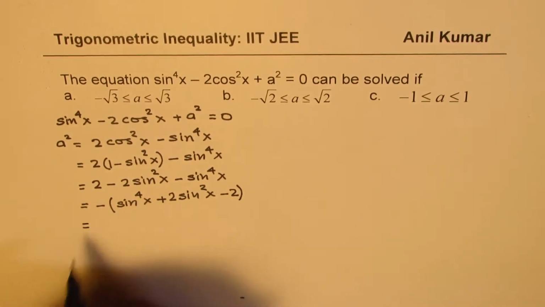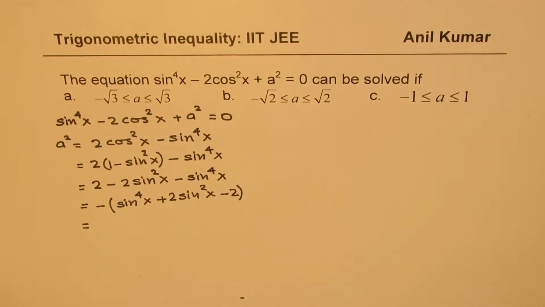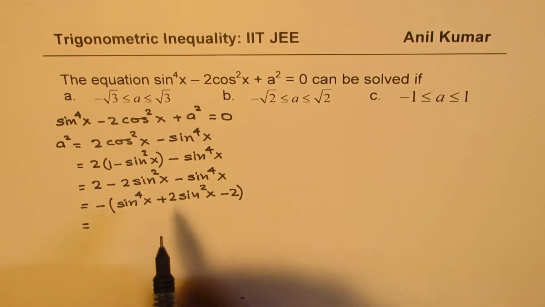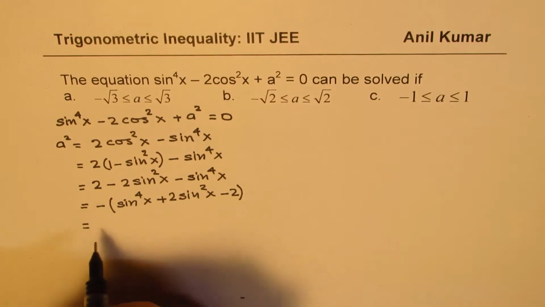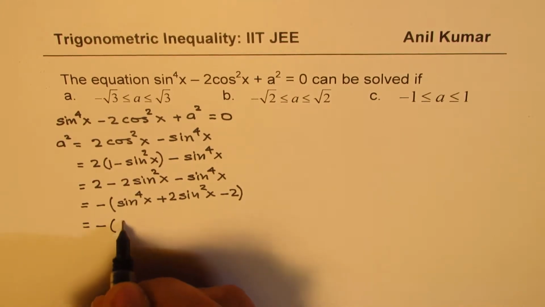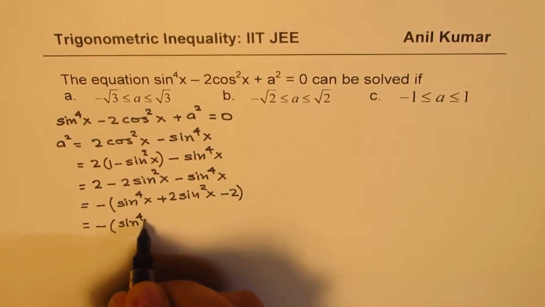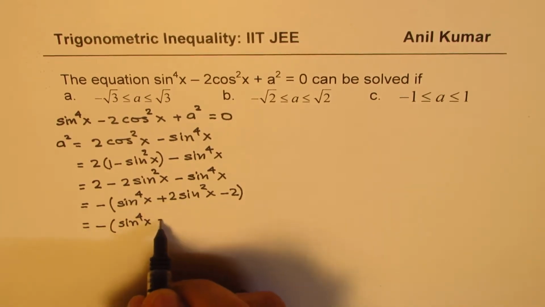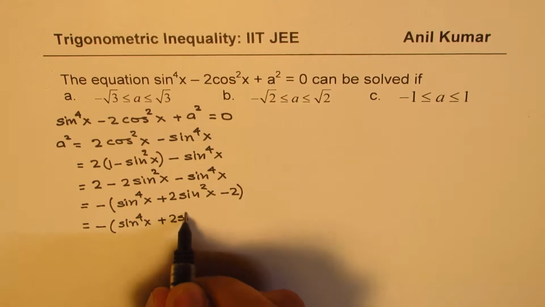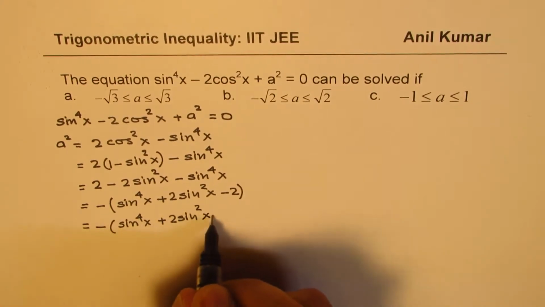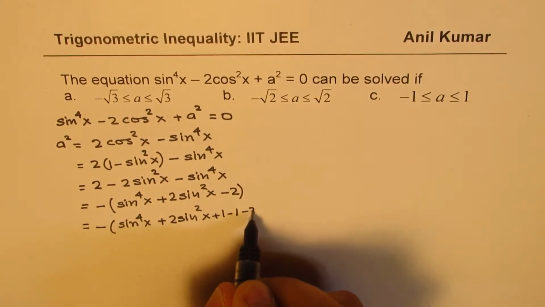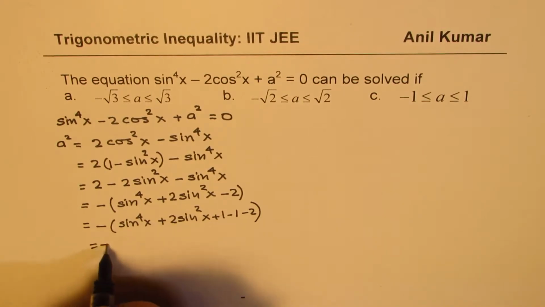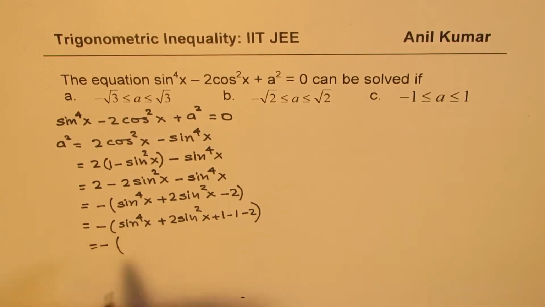Whenever you are working with inequalities, by now you must have observed that we try to do completing the squares. So that's what we are going to do now. To complete the squares, half of 2 is 1, so we are going to add and subtract 1 square. One square is 1, so I've written like this.